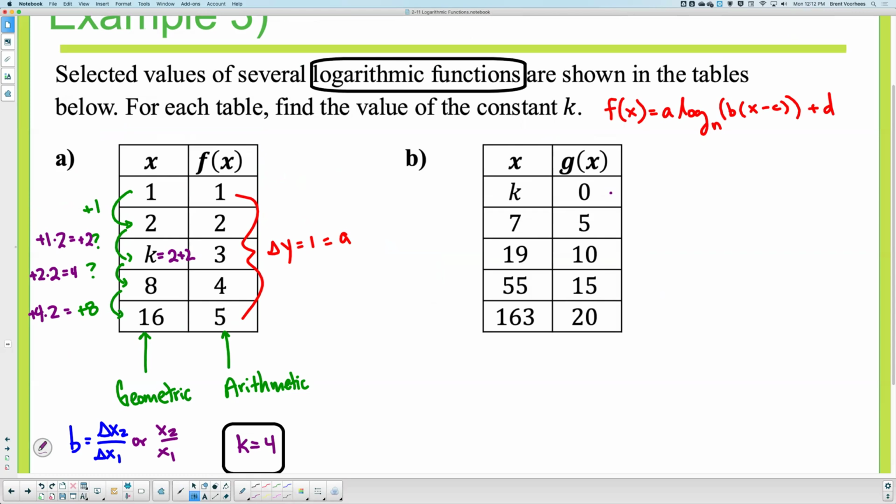The y column. Okay, put over here that our change of y, or delta y, is equal to 5. And that 5 value would represent a. Good. If you had to write an equation, which we don't on this one, since these are changing by 5s, that means this column is arithmetic. Good. This one is arithmetic.